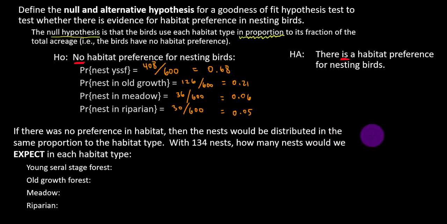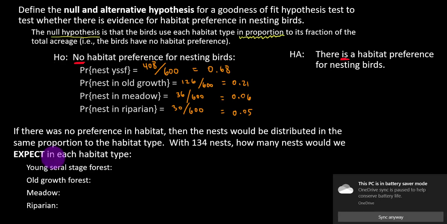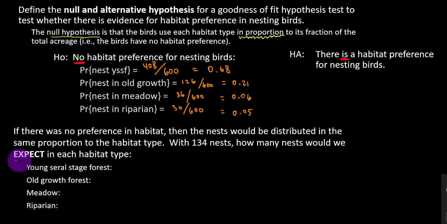Next up, we need to start getting ready to create the test statistic. To do that, we need to compare our observed data to what is expected under the null hypothesis. So here, these are the expected number of times the habitat is used if the null hypothesis was true.